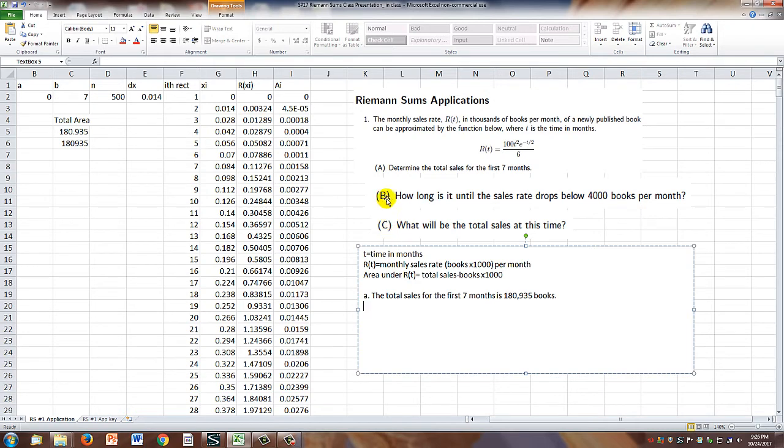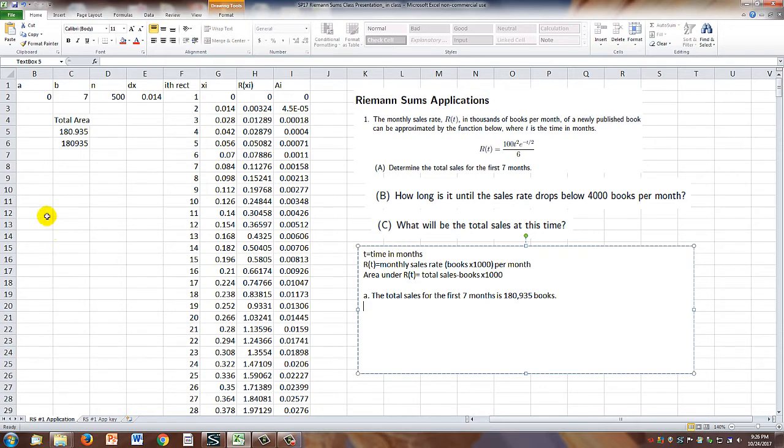Next question. How long is it until the sales rate drops below 4,000 books per month? So we have two functions. We have this area under the curve, which gives you total books, but this is our sales rate. And we want to know how long it is, T is months, until the sales rate drops below 4,000 books per month.